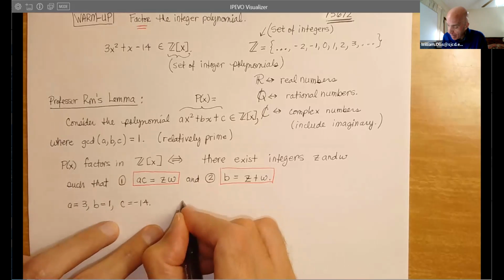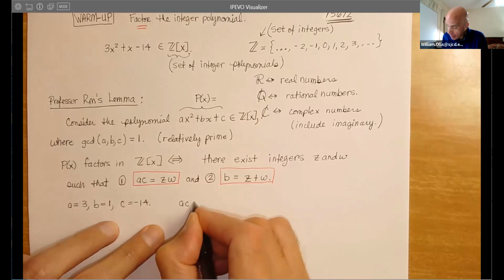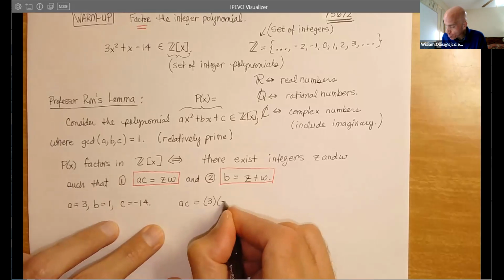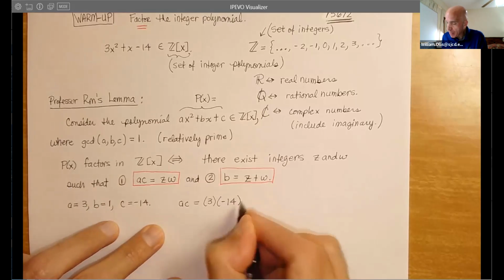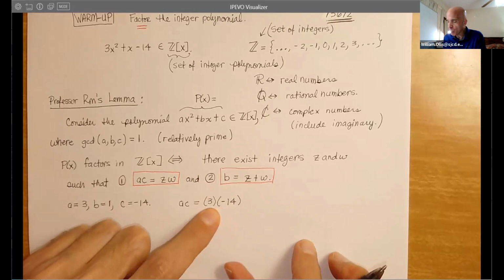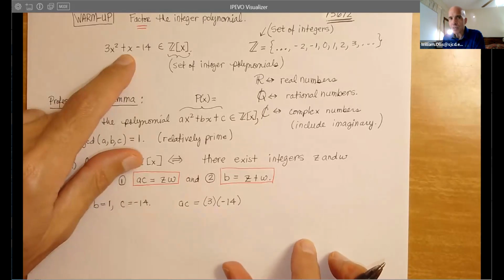So now AC equals 3 times -14. Now, the idea here is we can go ahead and check 2 just to see if we hit the jackpot. But notice here, when we add these two numbers, we get -11, and that's clearly not 1.